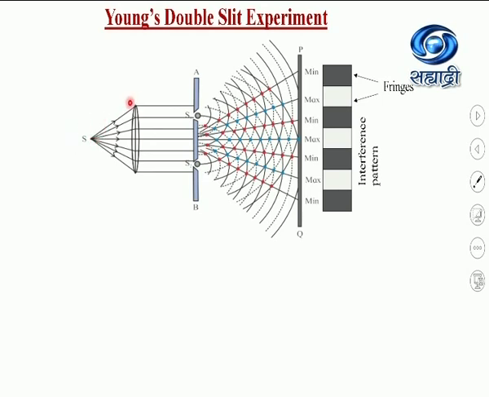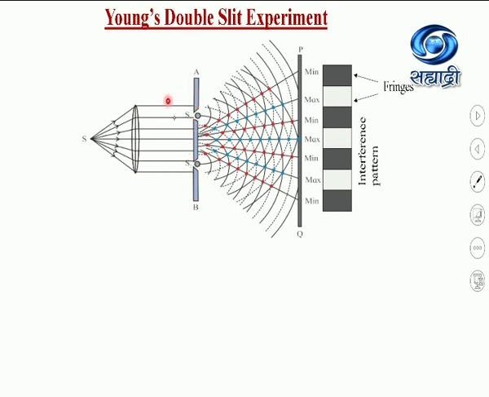So, the waves emitted by source S travel equal distance to reach the two slits S1 and S2. As the waves travel the same distance to reach S1 and S2, they have the same path and they are in phase when they are incident on the slits S1 and S2.